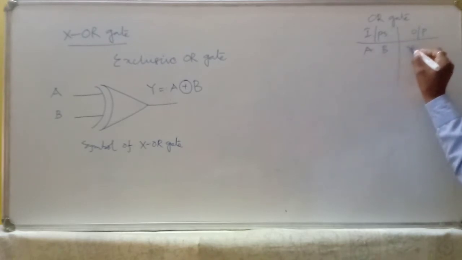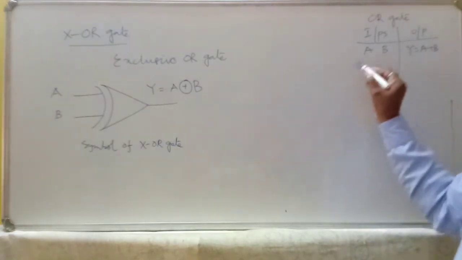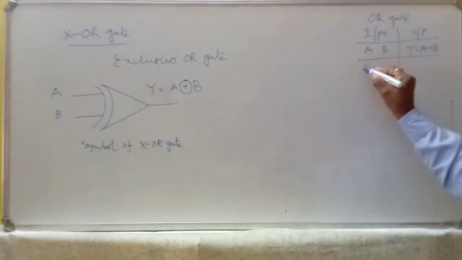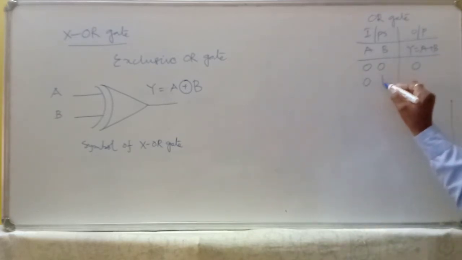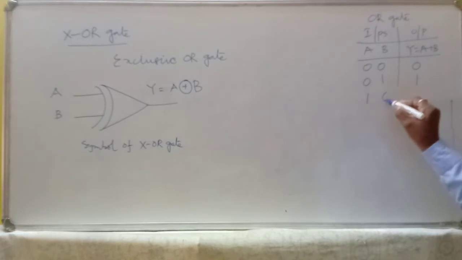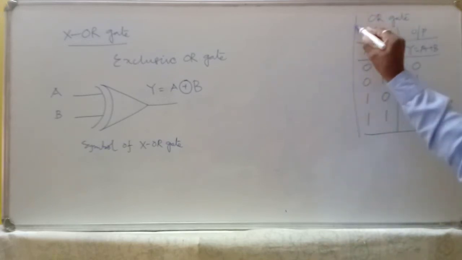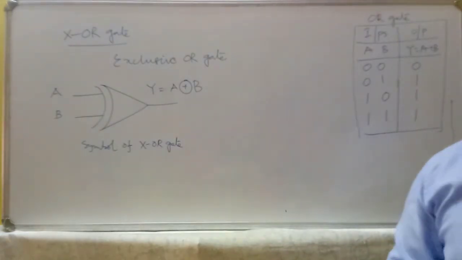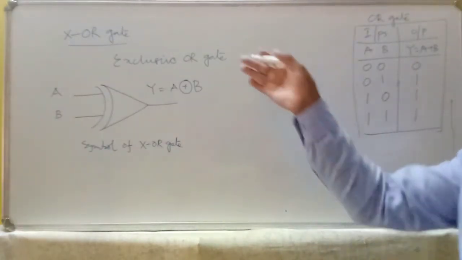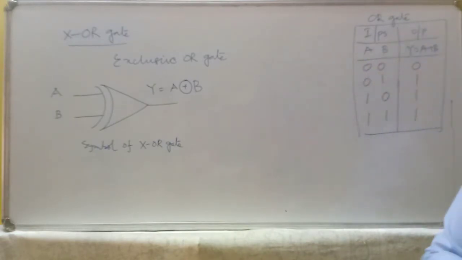A, B and output Y is equal to A plus B. 0, 0: 0 plus 0 is 0. 0, 1: 0 plus 1 is 1. 1, 0: 1 plus 0 is 1. 1, 1: 1 plus 1 is 1. This is the OR gate, which was discussed earlier. This is the behavior of the OR gate.